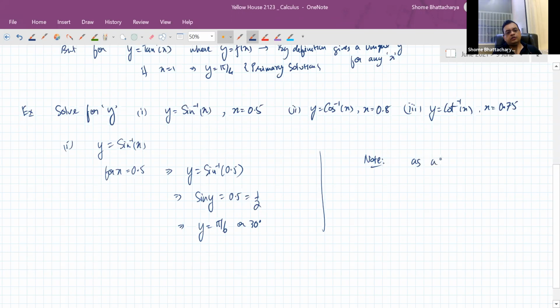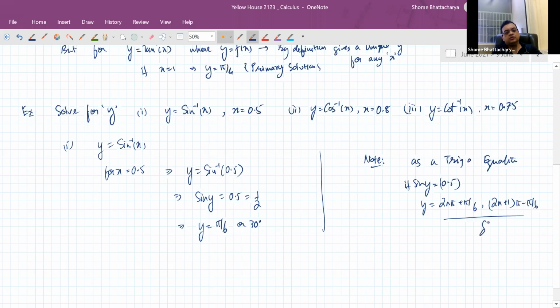As a trigonometric equation, if sine y is equal to 0.5, y is equal to 2n pi plus pi by 6, or (2n plus 1) pi minus pi by 6.